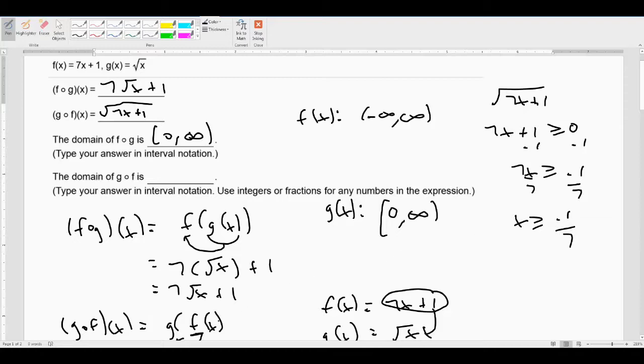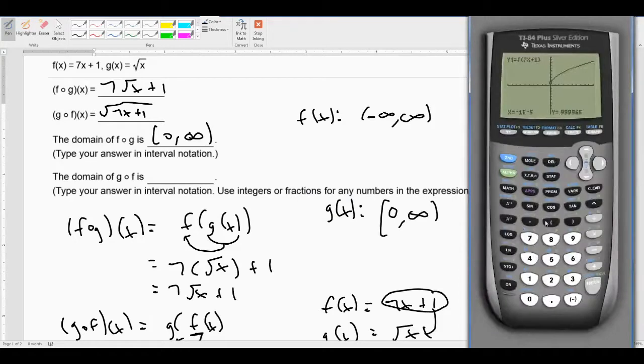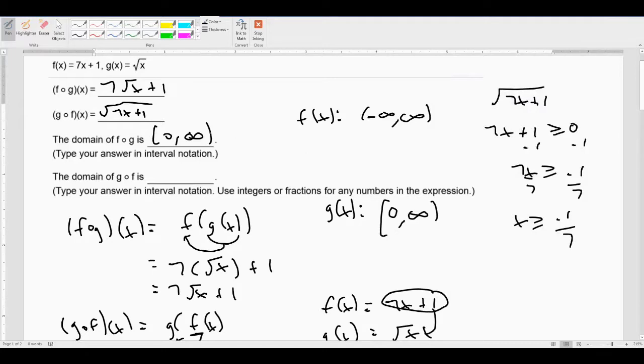So what that's telling us is, if we go back to our calculator, if we type in trace negative 1 divided by 7, enter, we get an answer. But if you do anything less than that, we won't. Let's just do like negative 1. We won't get an answer. So that's telling me that the domain of this function goes from negative 1/7 to infinity.